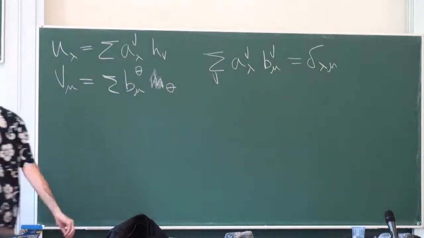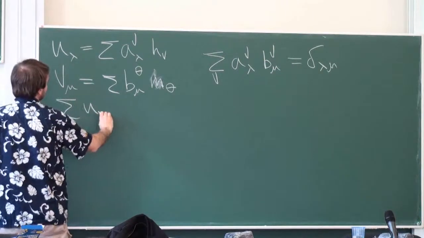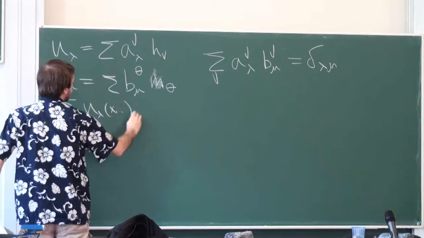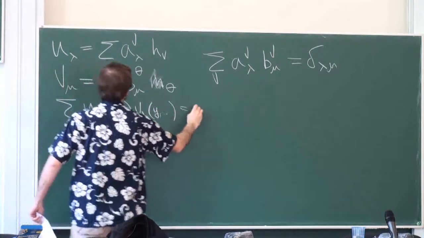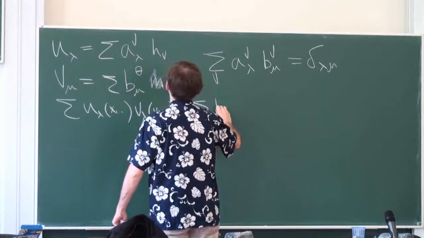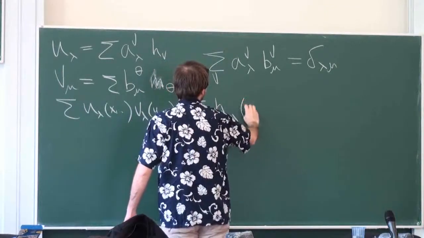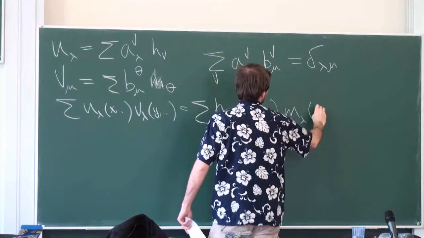But in the same way, the second identity just means that the sum over lambda of U_lambda of x, V_lambda of y is equal to the sum of h_lambda of x, m_lambda of y.